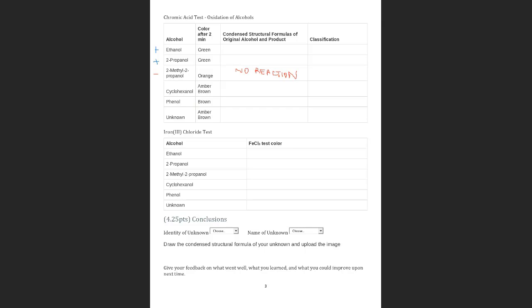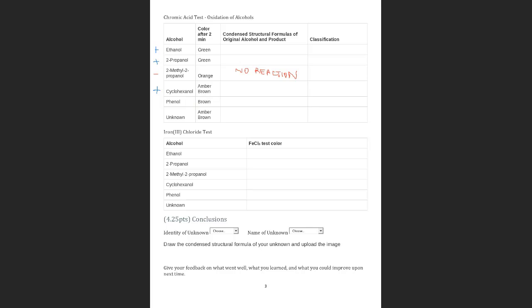Very good. How about cyclohexanol? It's a secondary alcohol. So then we will obtain a positive reaction. How about phenol? Phenols can also be oxidized.